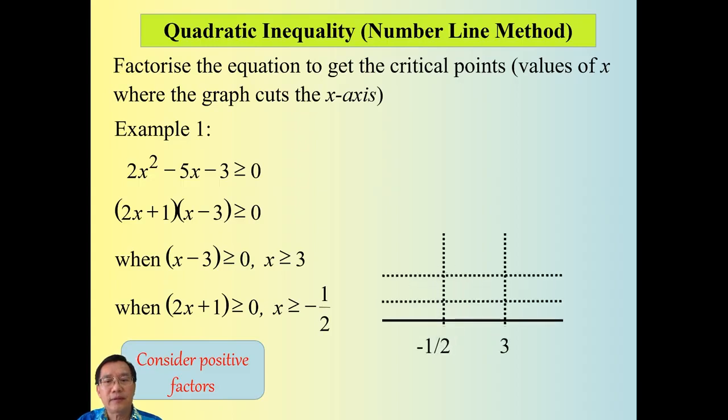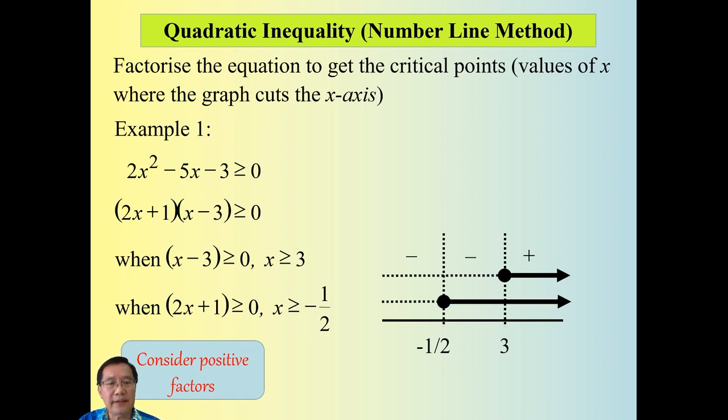Next, we sketch the number line. We take note of negative half and 3. For x greater than or equal to 3, it is represented by a solid line, positive, whereas the tail is in dotted line, negative.